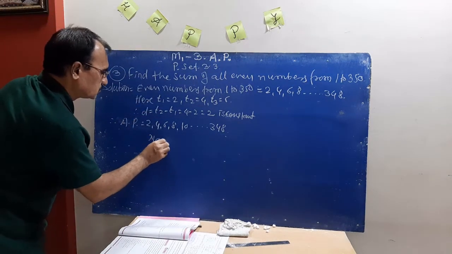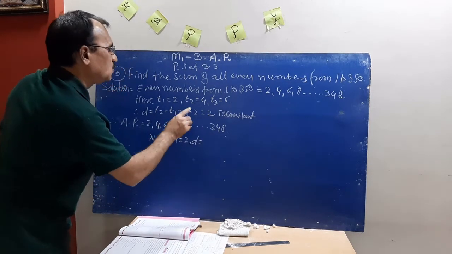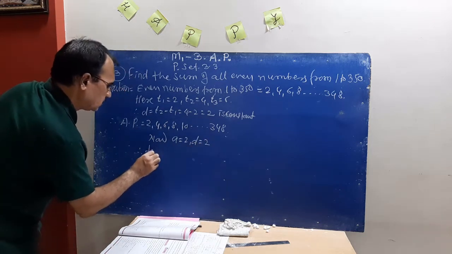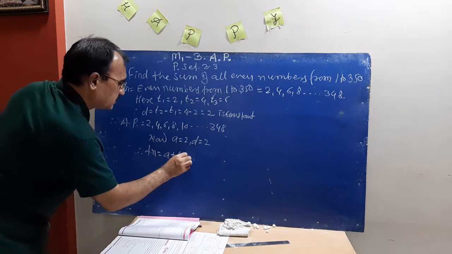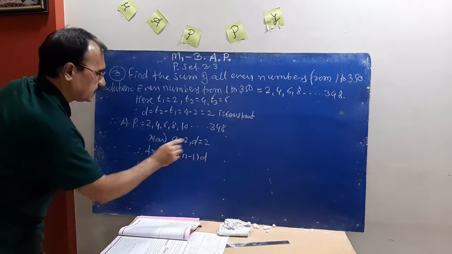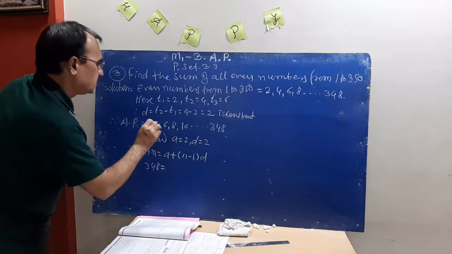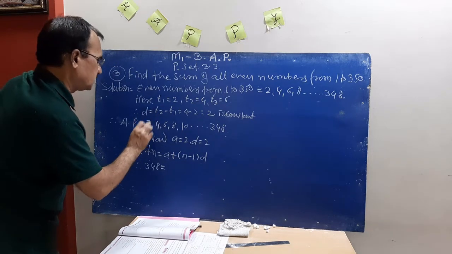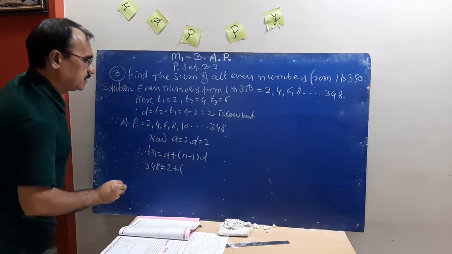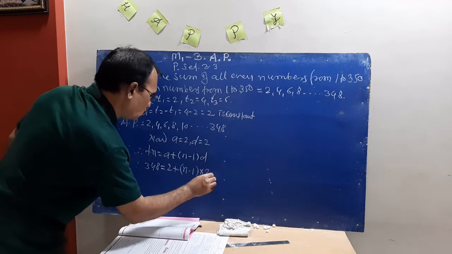Now A is equal to 2, D is also 2. Therefore Tn is equal to A plus n minus 1 into D. Tn is the last term, 348, A is the first term, 2, n is unknown, and D is 2.